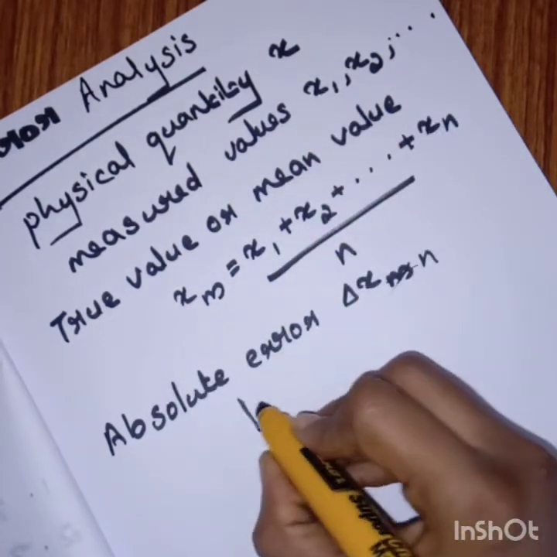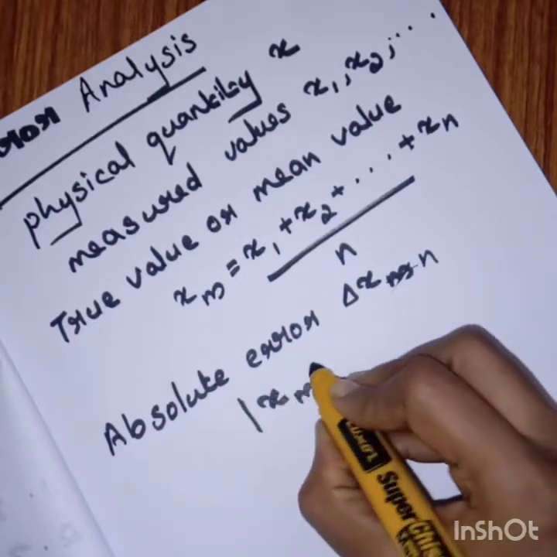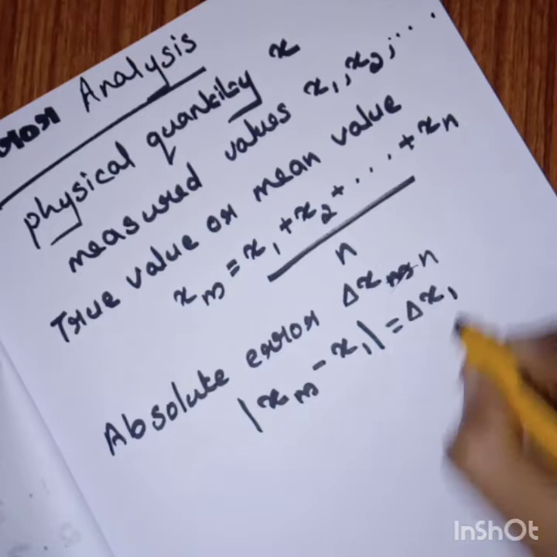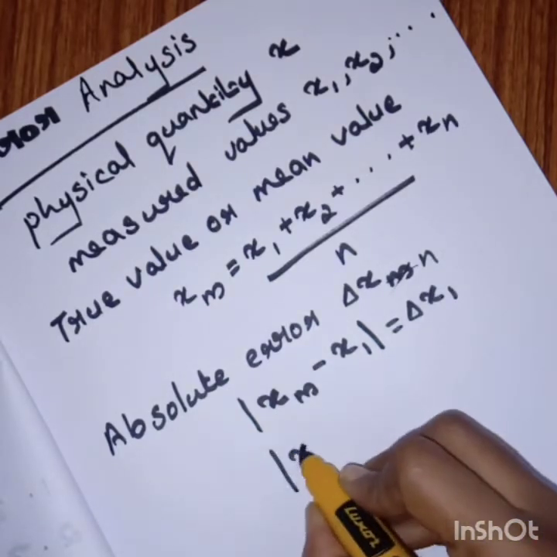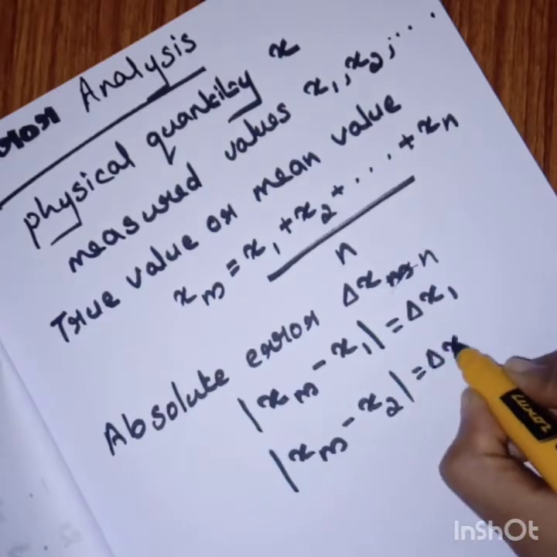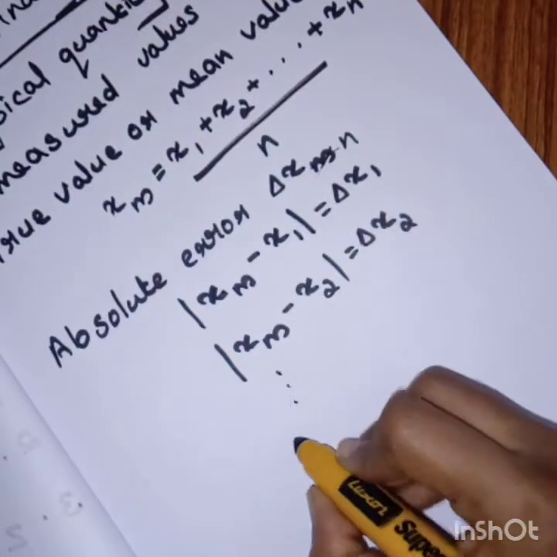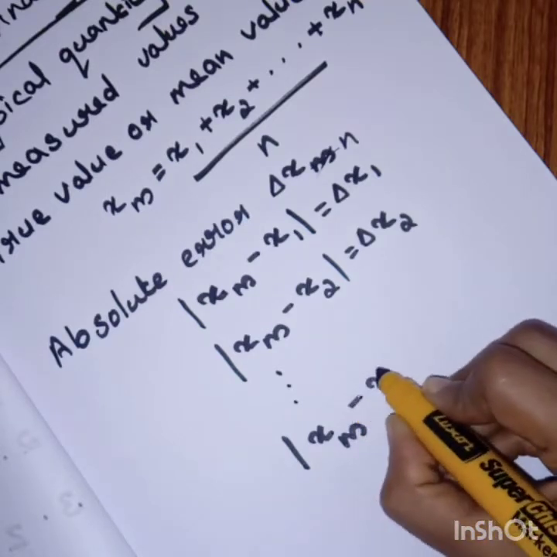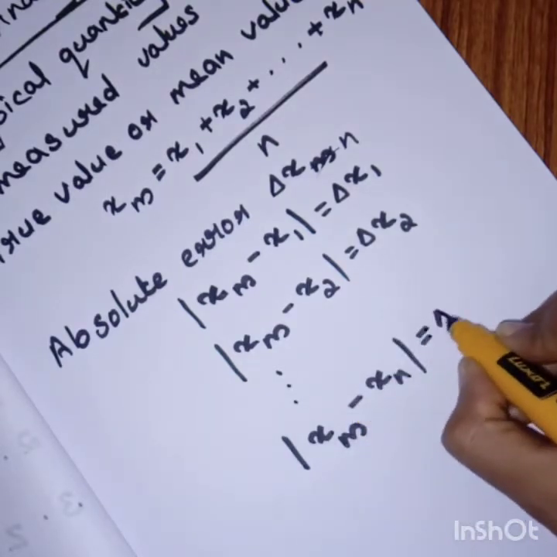That means magnitude of xm minus x1 is delta x1, xm minus x2 is equal to delta x2, and similarly, magnitude of xm minus xn is delta xn.